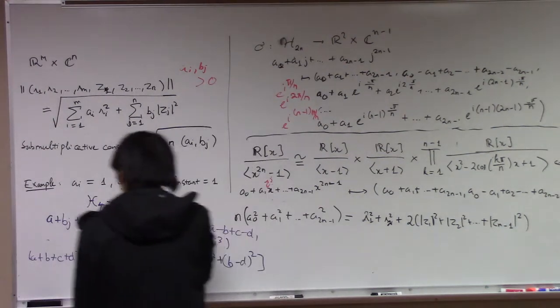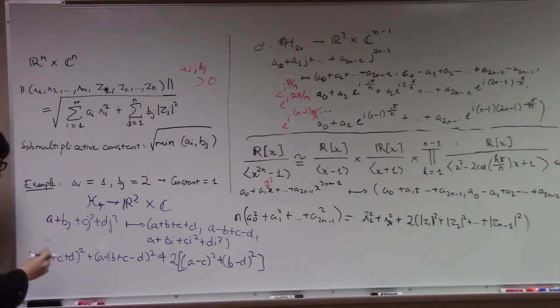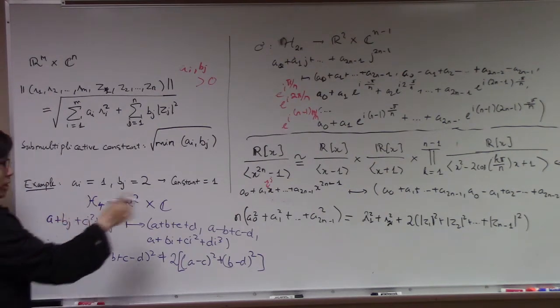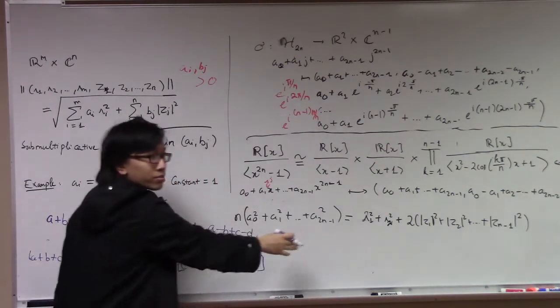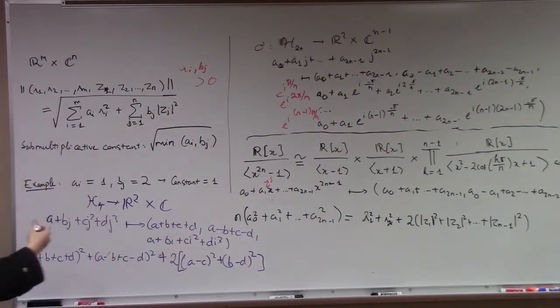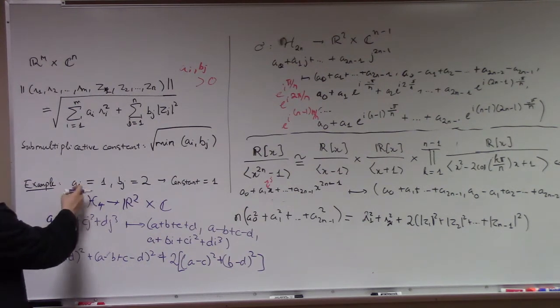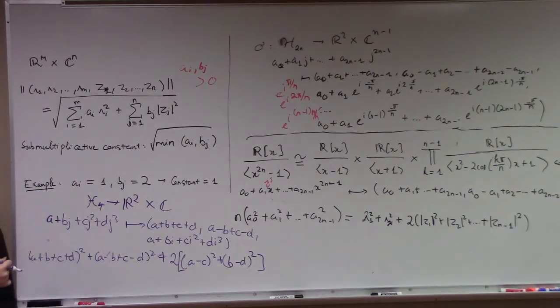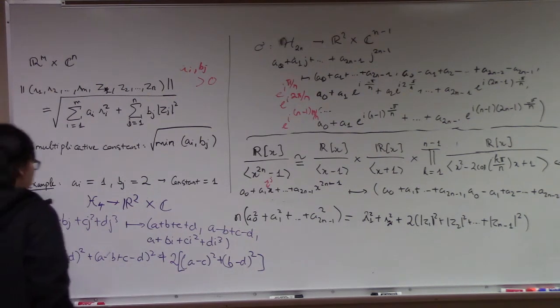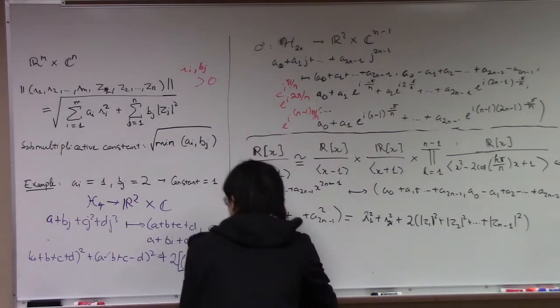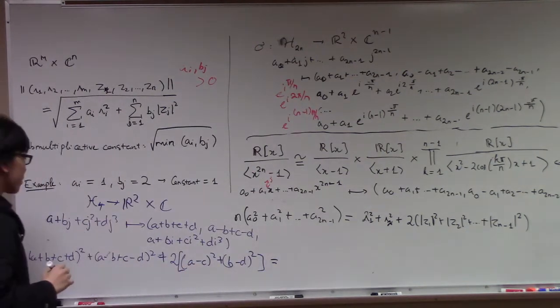So what is this you're writing down? The weighted norm on this side for the top of Riemann complex. Oh, okay, so you're using the weighted norm, like a equal to 1, b equal to 2. So basically, this norm says that complex numbers are twice as important as real numbers.